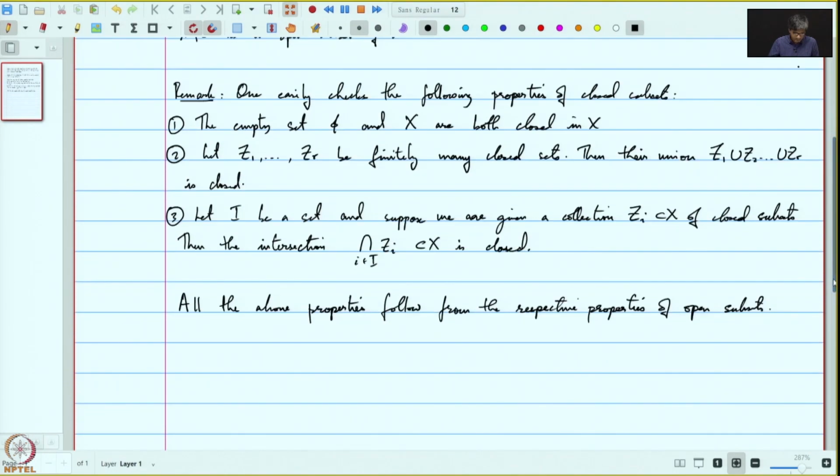That's one remark. And the second remark is that suppose we are given a subset S contained in the power set of X, which means we are given a collection of subsets of X which satisfy the above three properties.